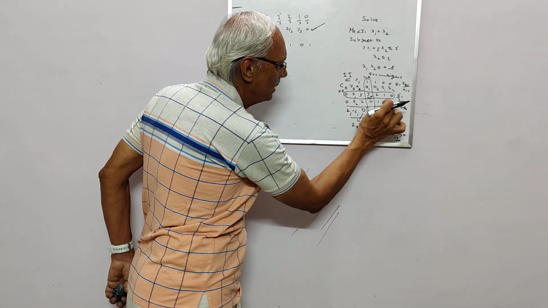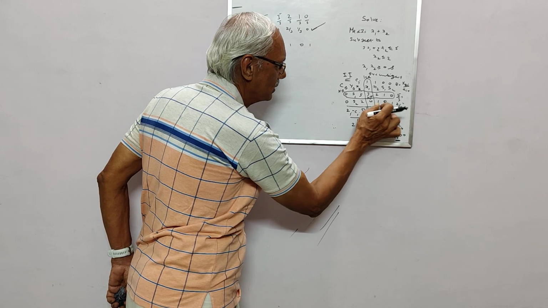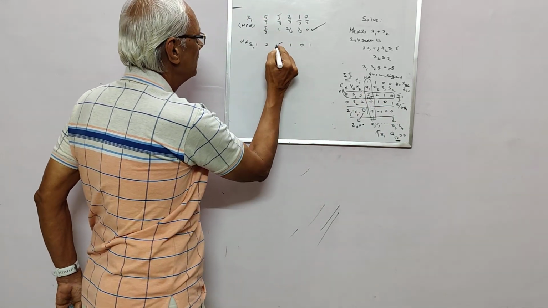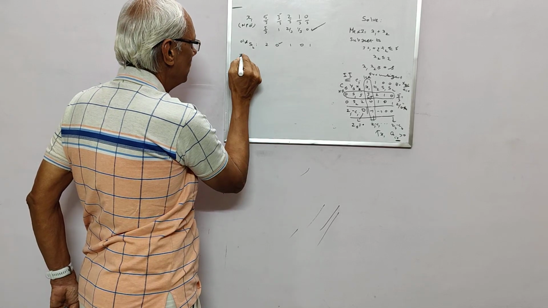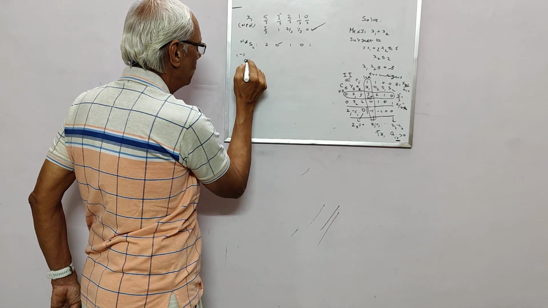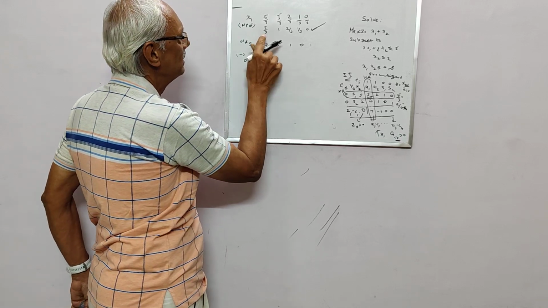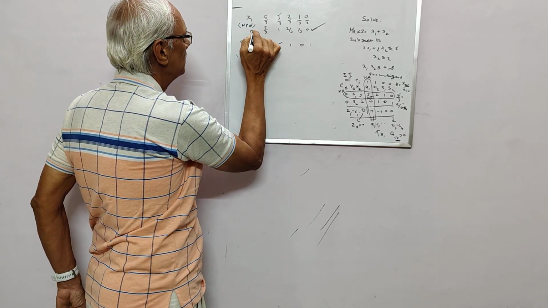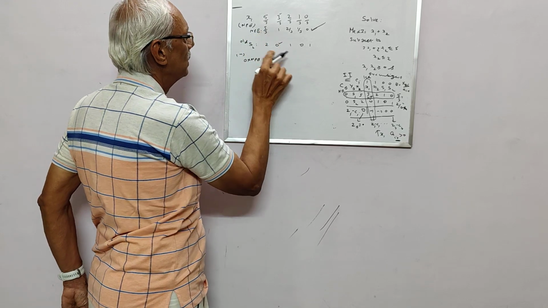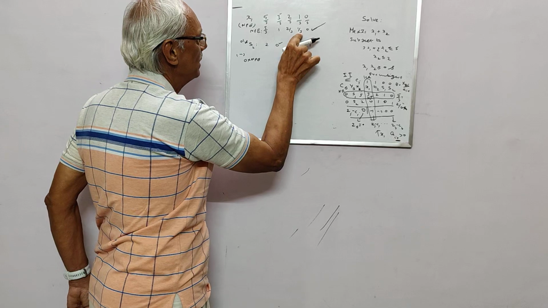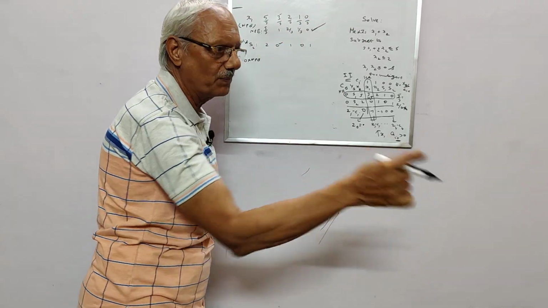With regard to S2, which is your key element here? 0. And what will you do? Take away 0 into the new pivot equation. So 0 into this, 0 into this, 0 into this, 0 into this, 0 into this, and then subtract.